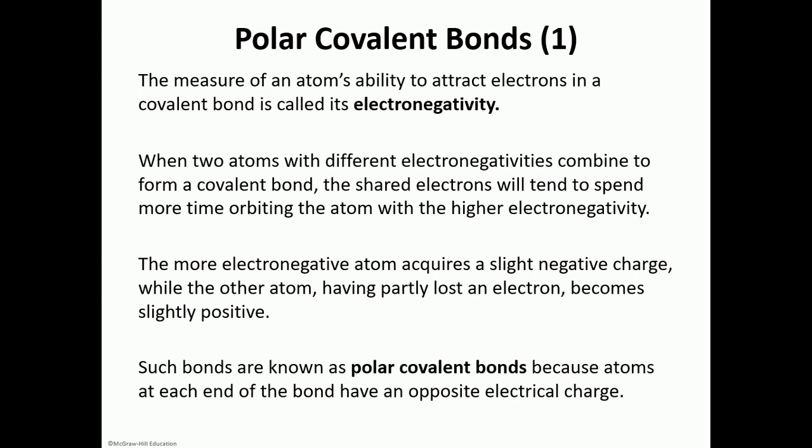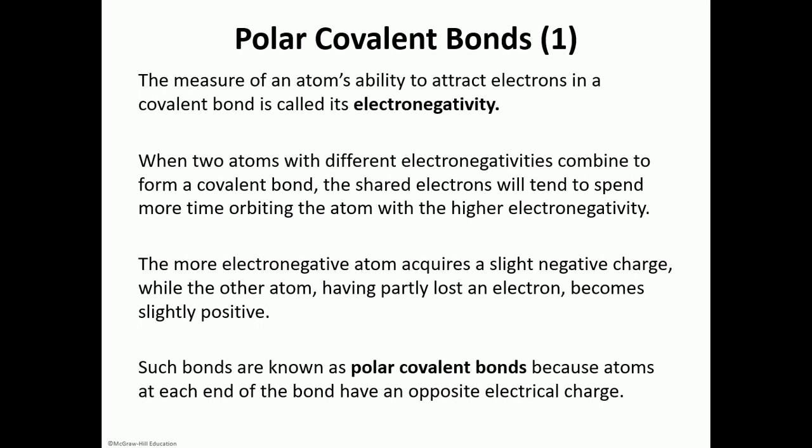Now for the polar covalent bond, again, you have bigger atoms with more electronegativity to them. These are going to pull the electrons towards themselves, just like we were talking about with that water molecule where the oxygen is huge. The electronegativity of oxygen is much higher than that of hydrogen.